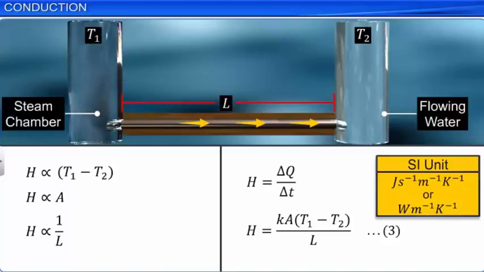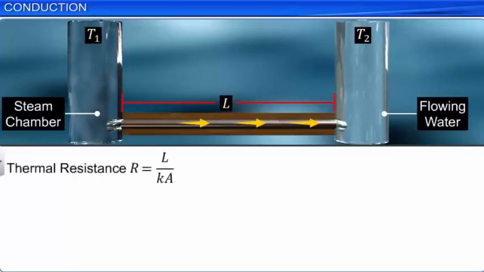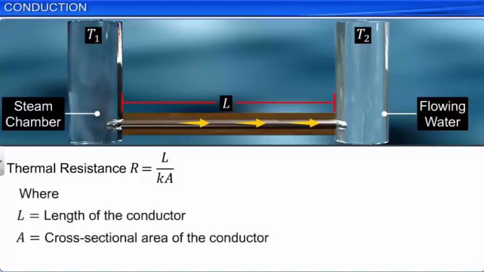For a rod, the mathematical expression L by KA is defined as its thermal resistance R, where L and A are the length and cross-sectional areas of the rod respectively, and K is the thermal conductivity of the material of the rod.